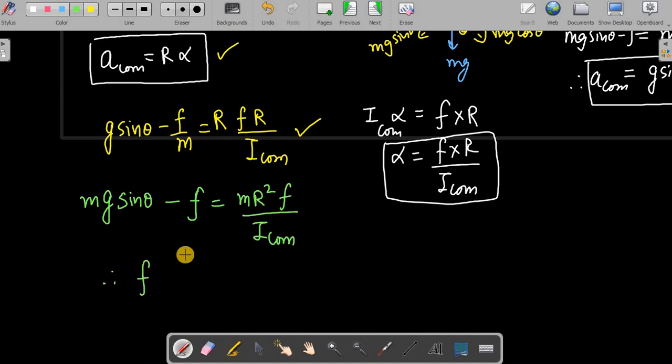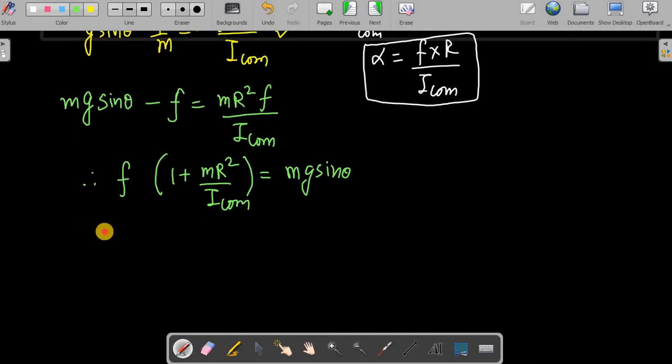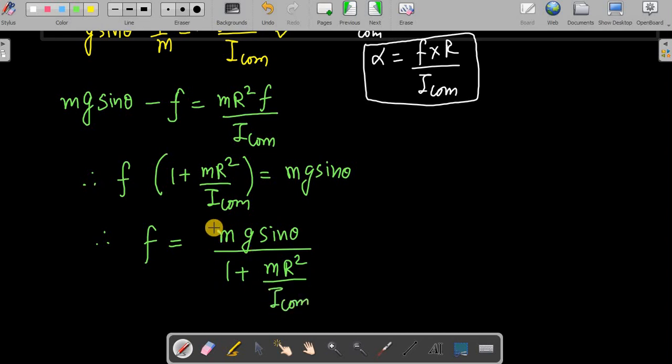So bring friction one side and try to solve it. 1 plus m r square by I center of mass, times friction, is equal to m g sin theta. Okay, so from here friction can be calculated. Friction will be m g sin theta by 1 plus m r square by I center of mass, right?